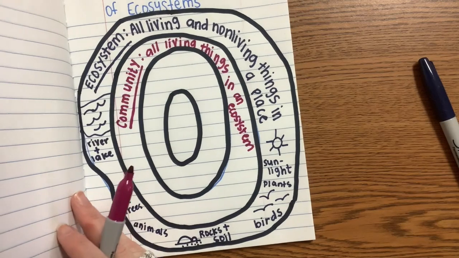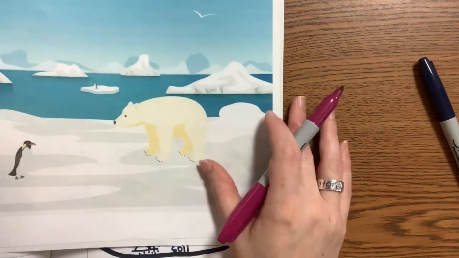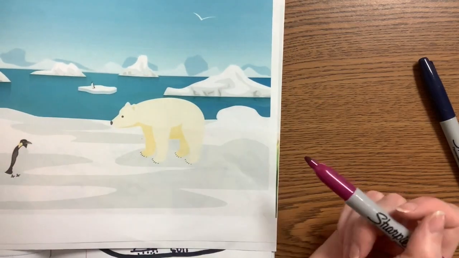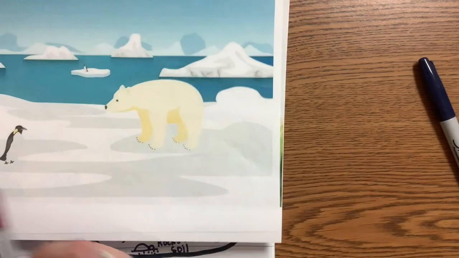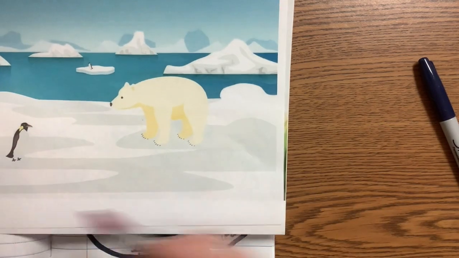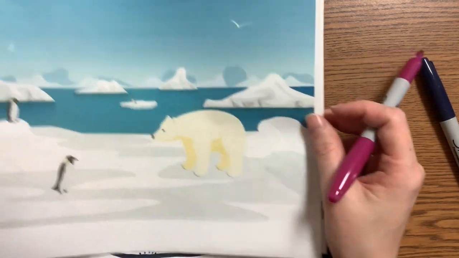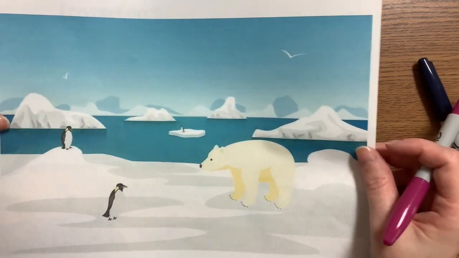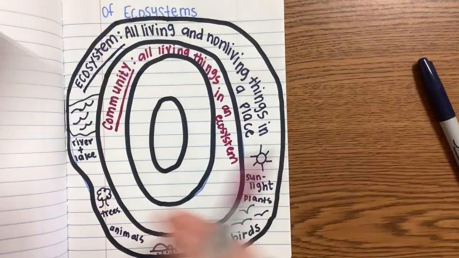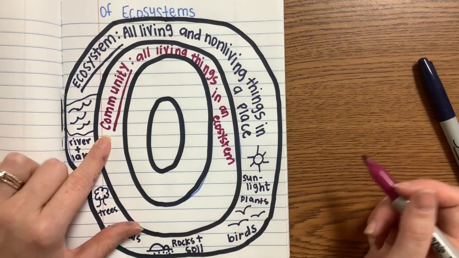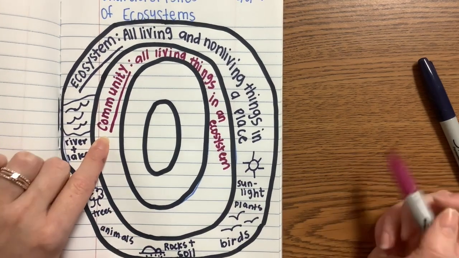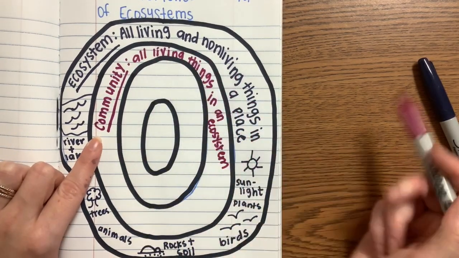I'm going to try a different one. So the living things are penguins, polar bears, birds. But now we don't count the non-living things like the water or the ice or even the sunlight, because those are not living. That means they're not part of the community. The community is all living things in an ecosystem.